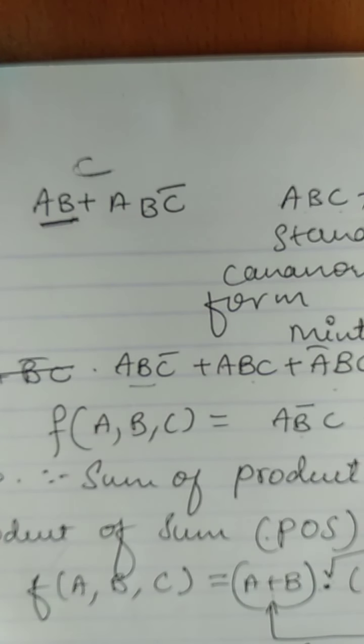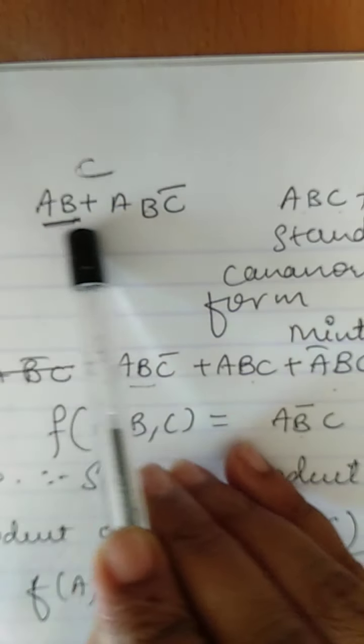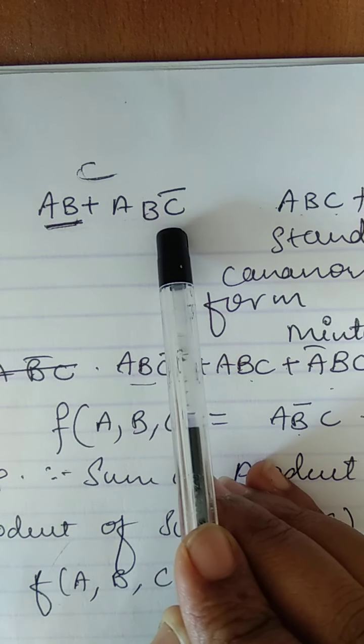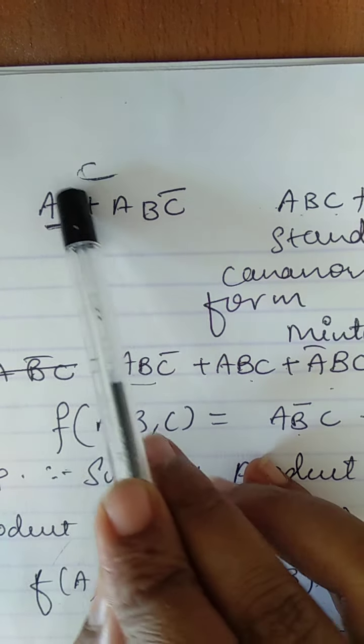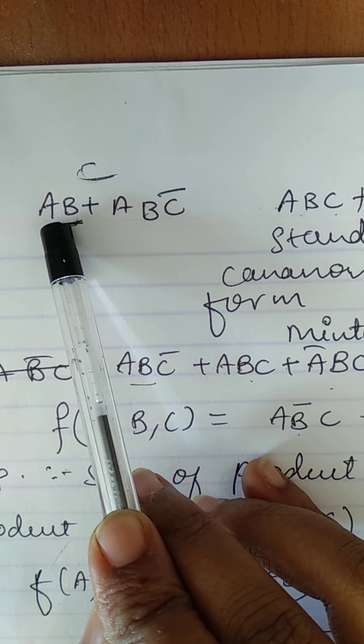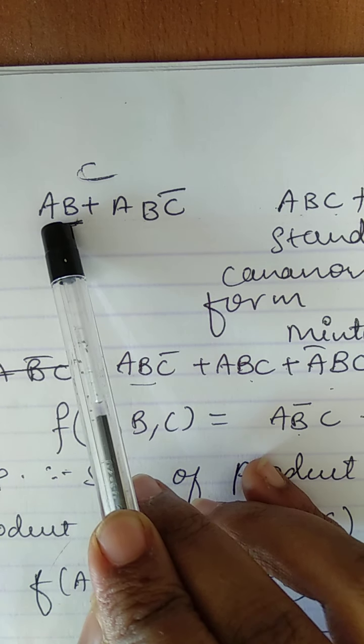So in today's class, we have studied the standard SOP form or min-term canonical form. In the standard SOP form, not all the individual terms involve all the literals. For example, AB + ABC'. In the first product term, the literal C is missing.